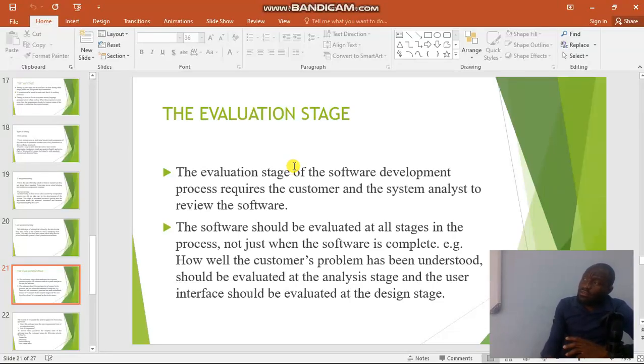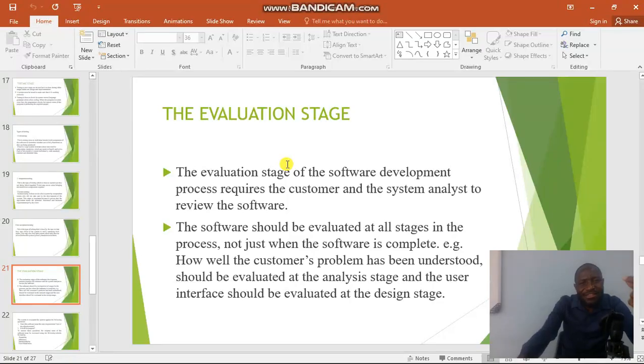Here, just a normal evaluation: we are giving details about something, or giving feedback on how the system is working, because the system already exists. After examining and using it, what are we experiencing? Is it giving the required needs? Is it giving the required outcomes? So we are saying the software should be evaluated at all stages in the process.